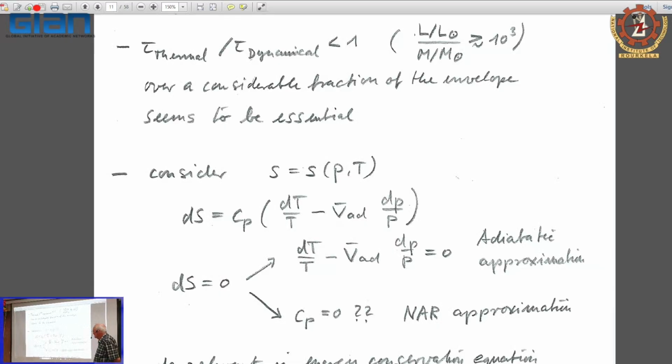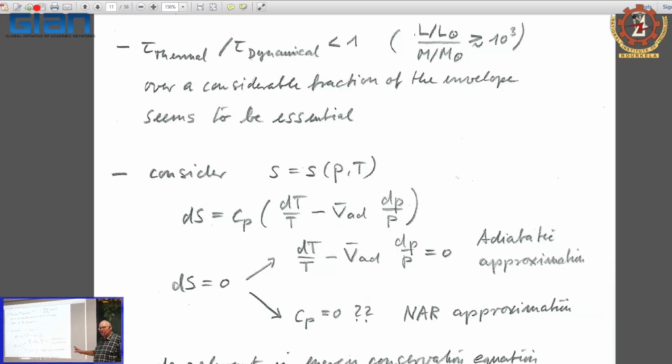So the question then is, what does it mean if we make ds equal to 0 and the specific heat, it's not really the specific heat, it is the heat capacity at constant pressure, to be 0? Actually, this approximation requiring Cp equal to 0, or the heat capacity equal to 0, is the content of the NAR approximation.